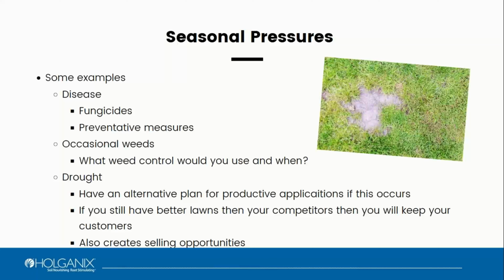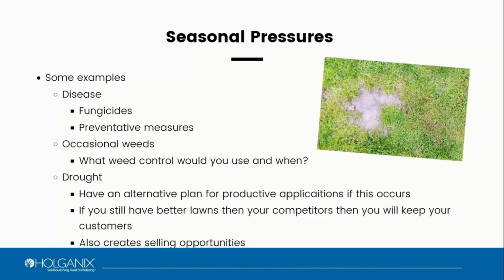Yeah. And then, what we control, what you use and when. Well, we need to know what we're dealing with. Touching back on the training aspect, a lot of things that are overlooked are weed identification, identification of insects, identification of disease. A lot of the guys out in the field don't know how to do it.